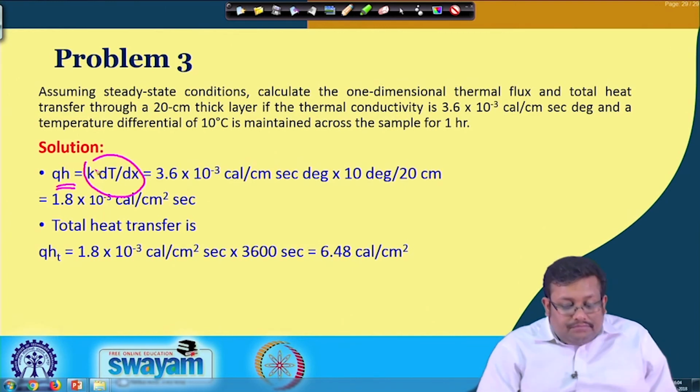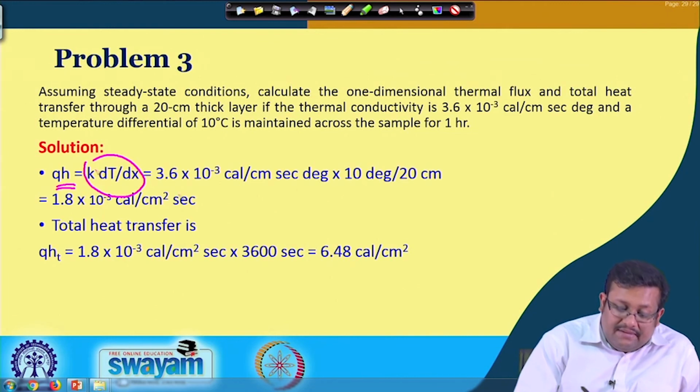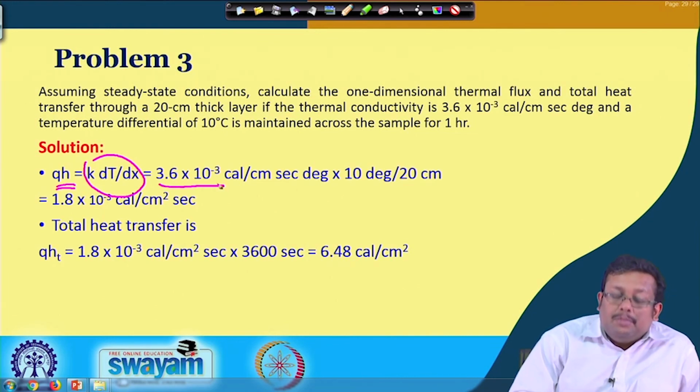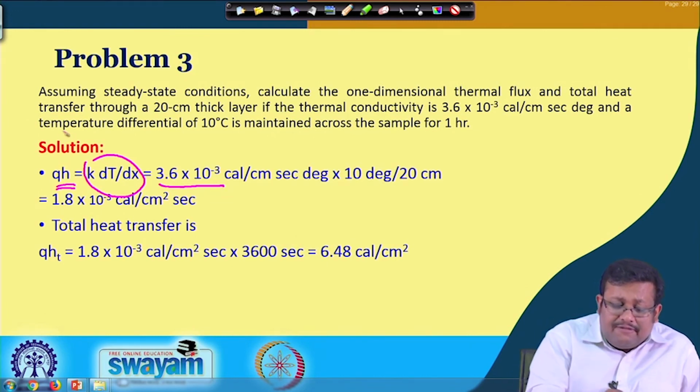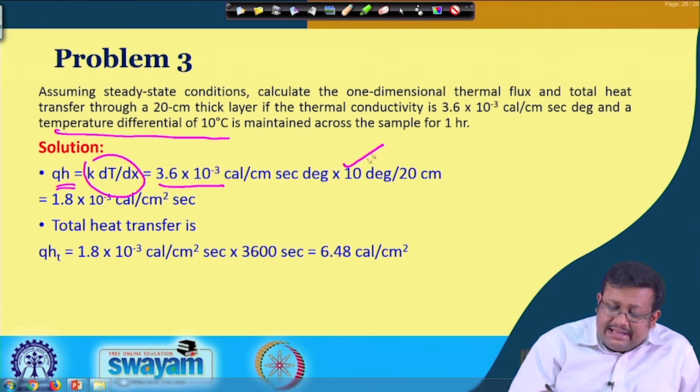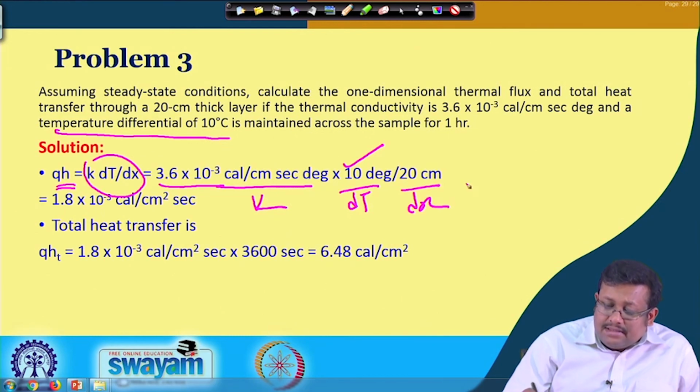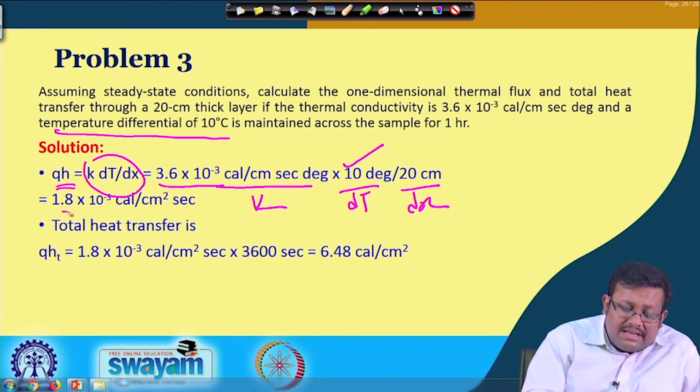The thermal conductivity value is already given, that is 3.6 multiplied by 10 to the power minus 3 calorie per centimeter second degree, and the temperature differential is already given, that is 10 degree centigrade. So it is basically dT, this is K, and this is dx. dx we already know, that is 20 centimeter thick layer. So ultimately we are getting 1.8 multiplied by 10 to the power minus 3 calorie per square centimeter second.